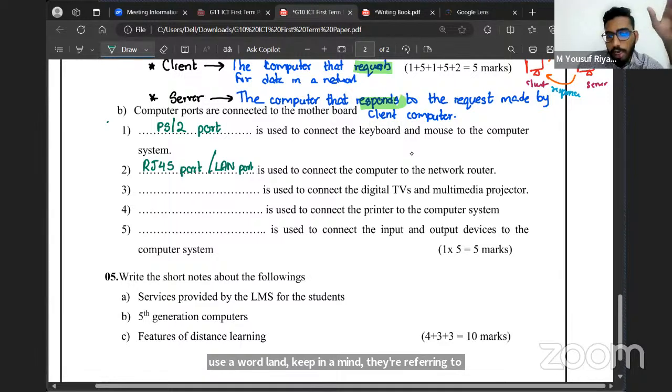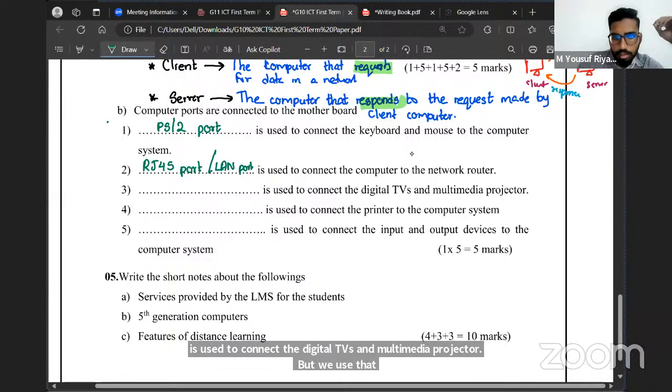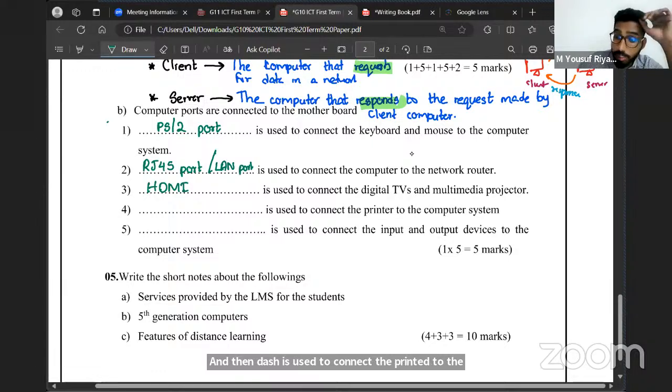Next, it is used to connect digital TVs and multimedia projectors. What do we use for that? It's the HDMI port. And then dash is used to connect the printer to the computer system. What is it? In the olden days, how did we do it? Yeah, nowadays you can use USB.